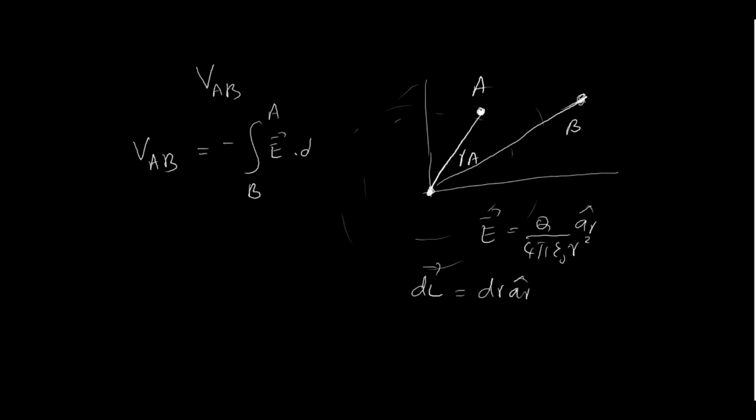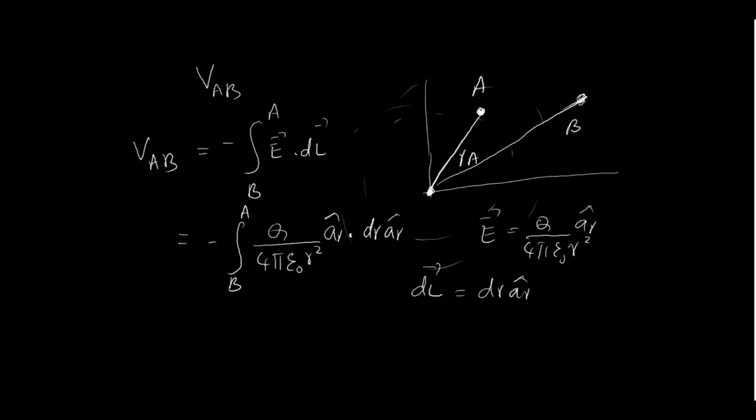That will be minus the integral from B to A of Q by 4 pi epsilon 0 r square AR cap dot dr AR cap.